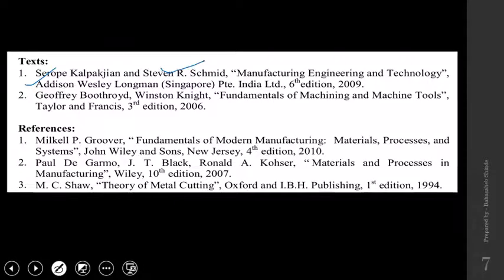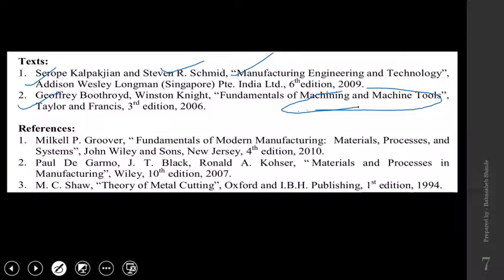Let it be any manufacturing process, right from material selection to quality check, everything you can find in this textbook. So even if you refer to this single textbook, that is more than enough. But additionally, it is good if you look for additional books, like the second one, which is specifically written for metal cutting.